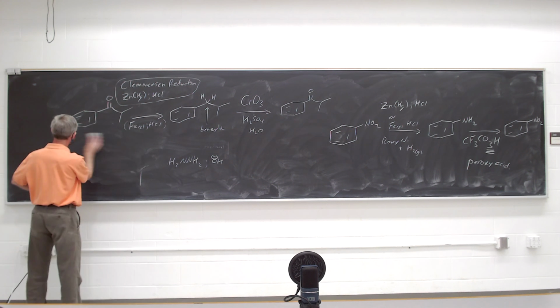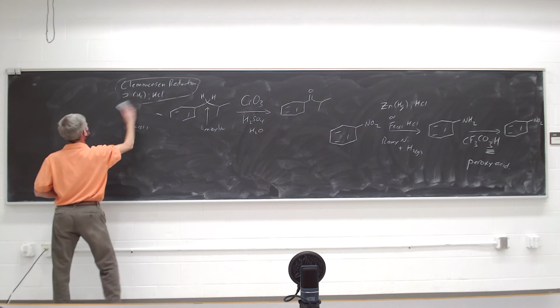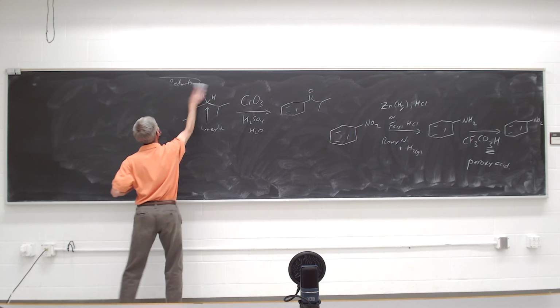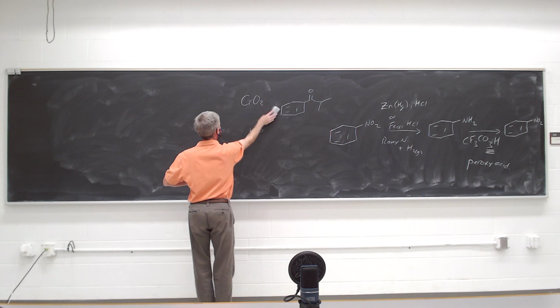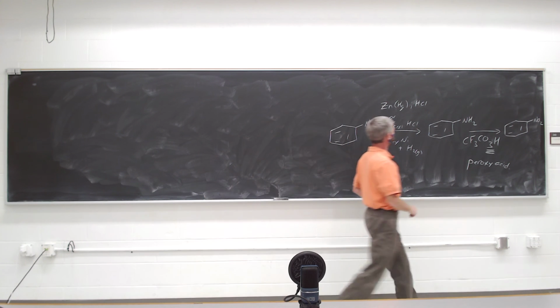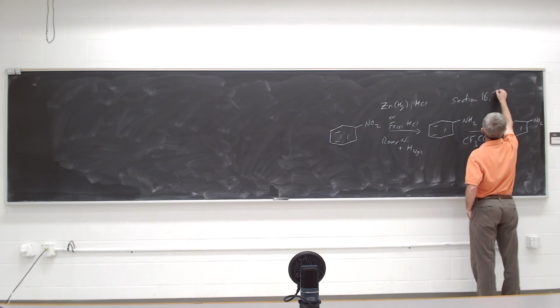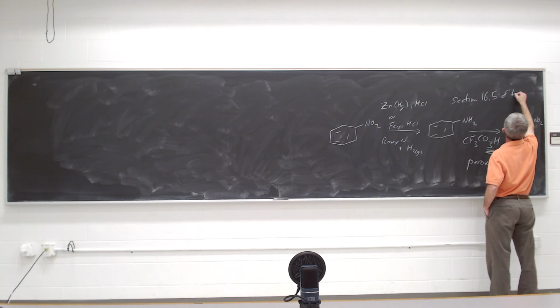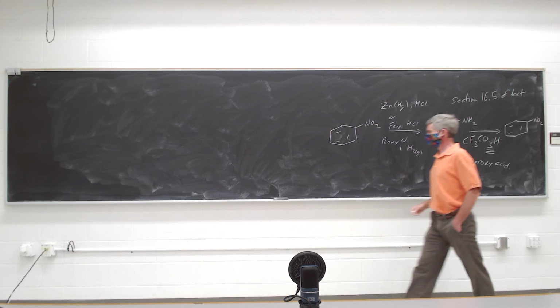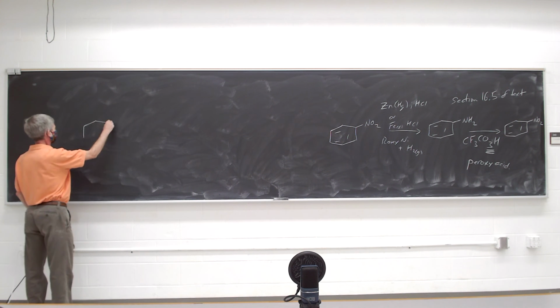And once you have that NH2 group, you convert that NH2 group into lots and lots of other things. These two reactions that I just talked about here are in section 16.5 of your text. And the conversion of the NH2 group into lots and lots of other things.